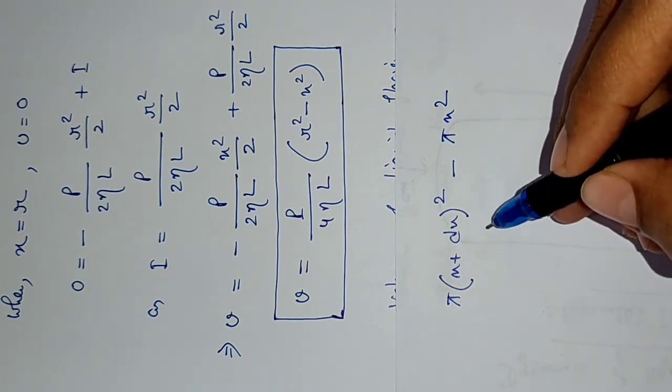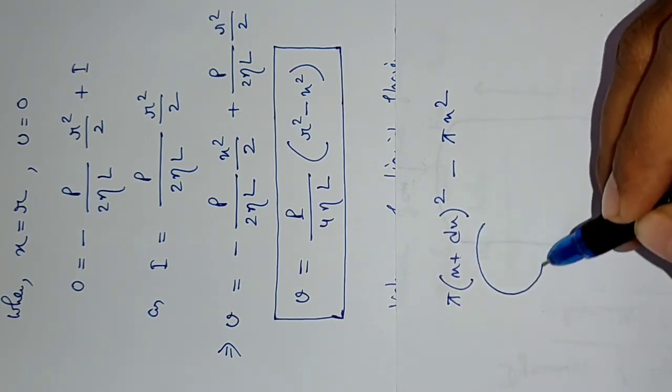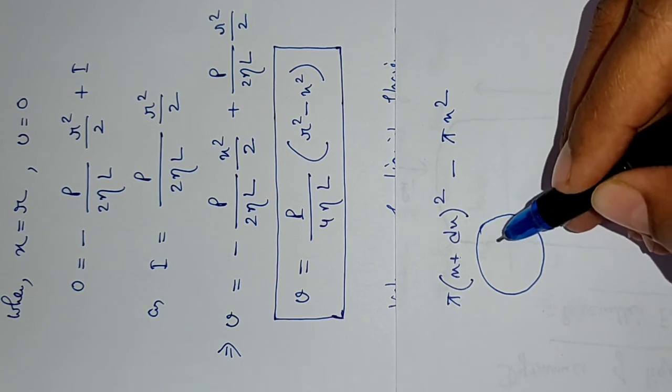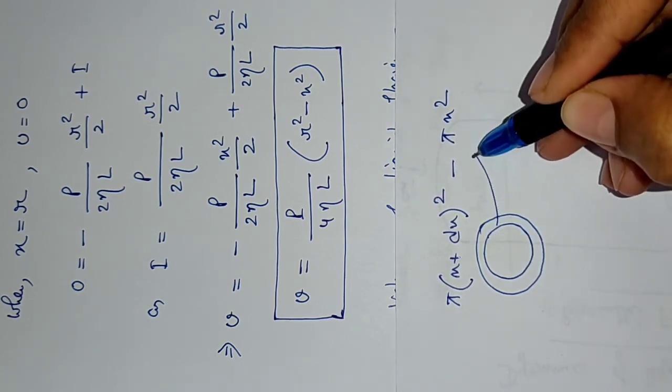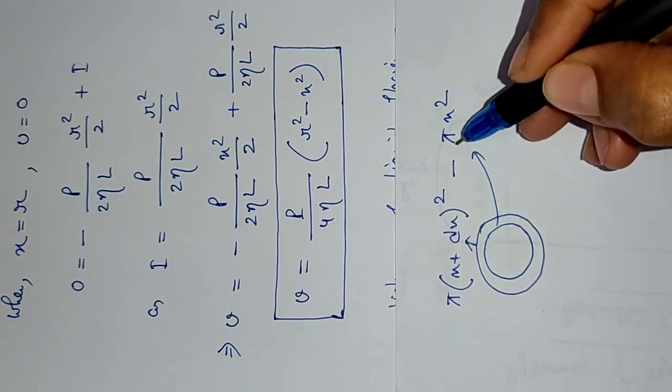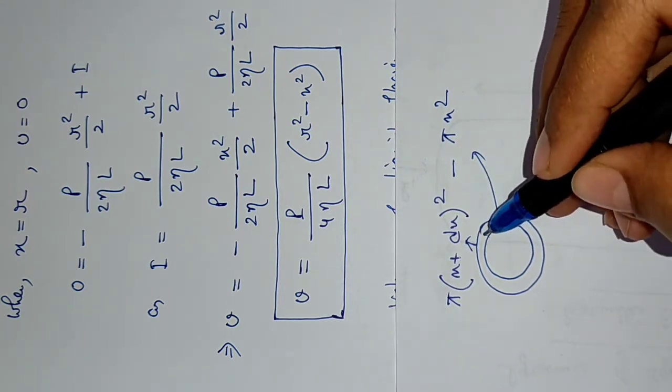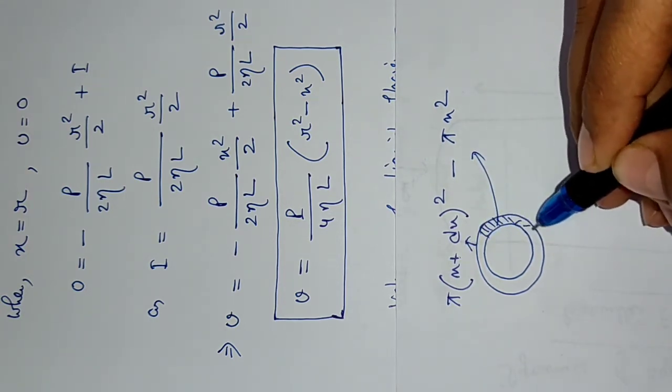This is the large circle and this is the small circle. When we subtract, we get this concentric area.